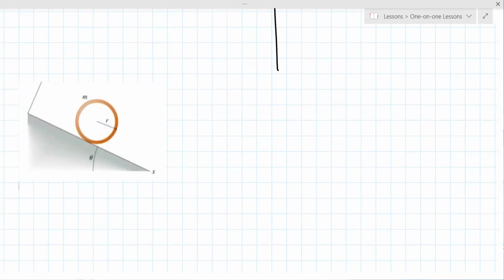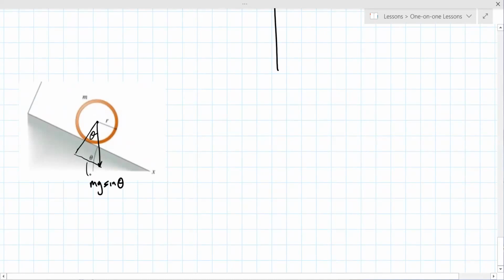So in the x direction, there's mg sine theta. Like there's normally this and this, so the theta is there, and mg sine theta is in the x direction.